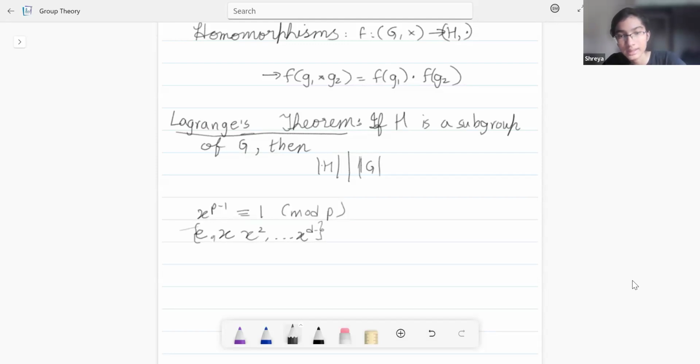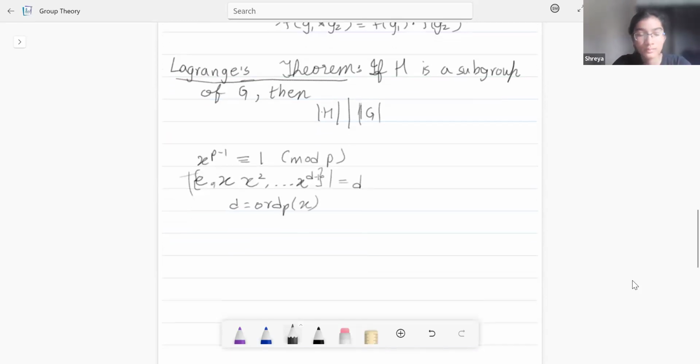Okay, not x to the d, x to the d minus 1. So the cardinality of this thing is equal to d. What it's saying is that d will divide p minus 1, and then this is just true.